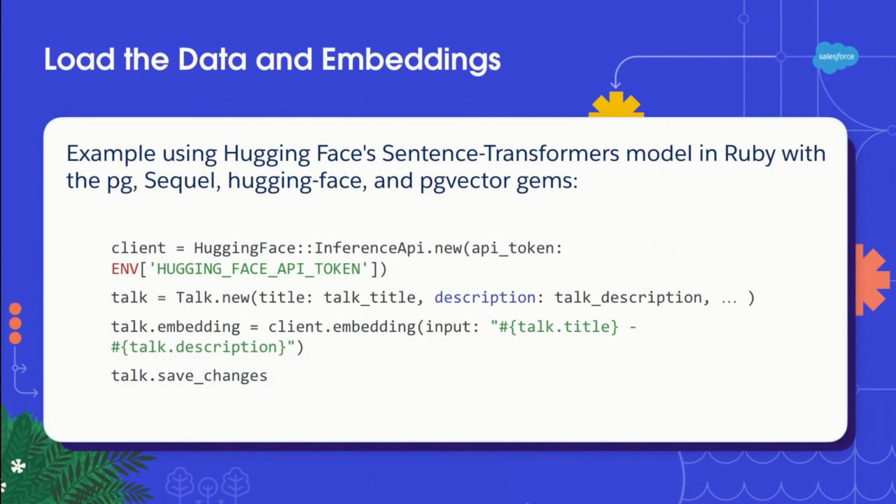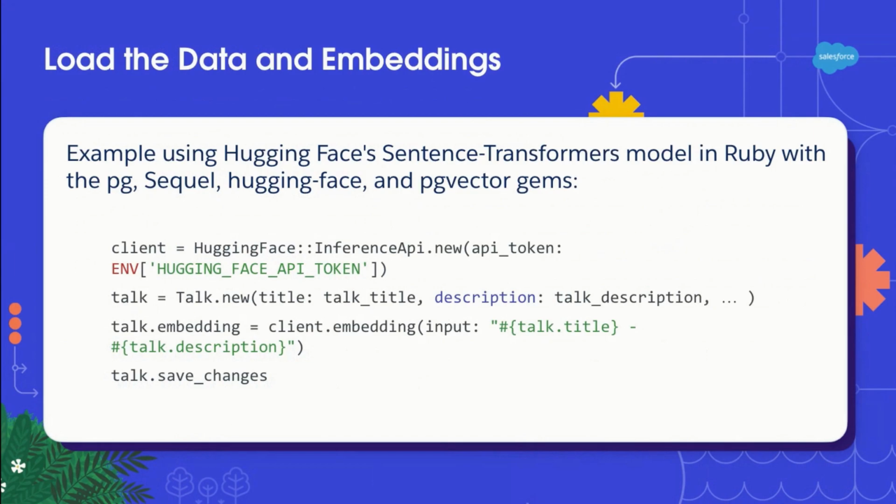So now we've got our database infrastructure set up. We've got our tables created, and we want to actually put the data in those tables. So here's how we would load the data and embeddings. This example, again, is using Hugging Face's sentence transformers model in Ruby with the pg, Hugging Face, and pgvector gems.